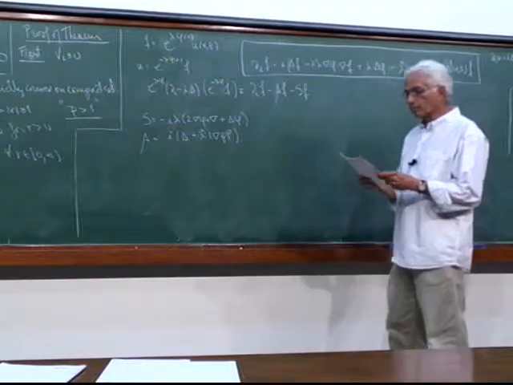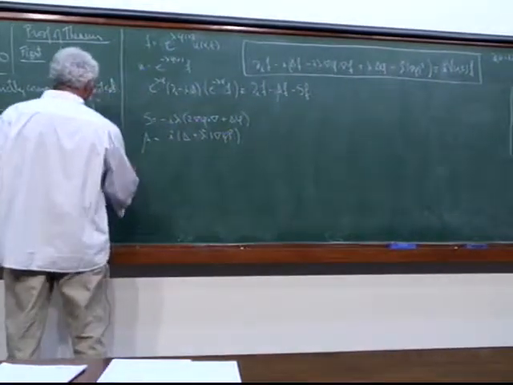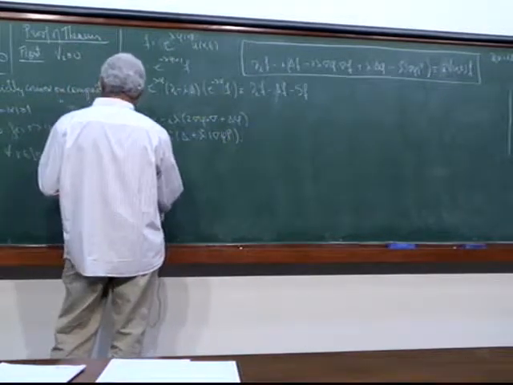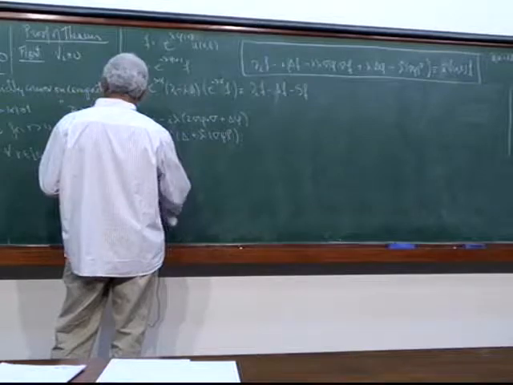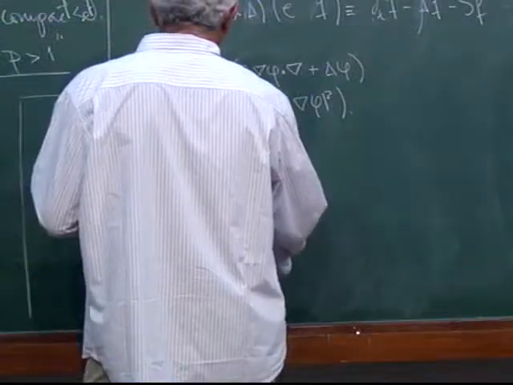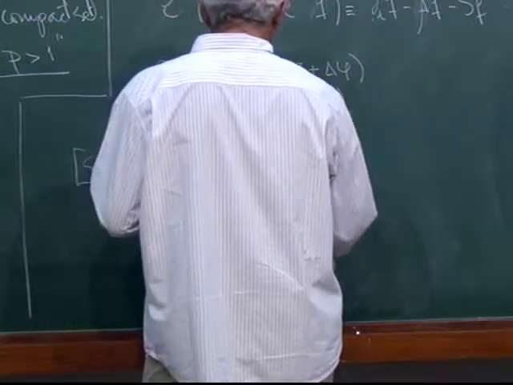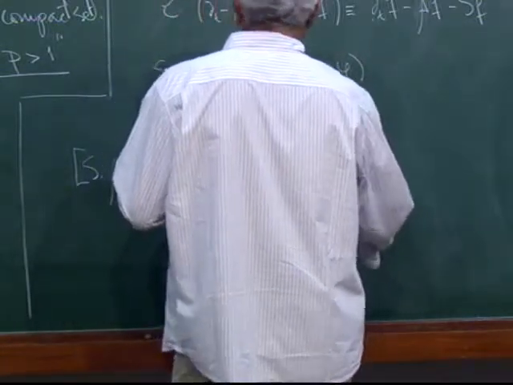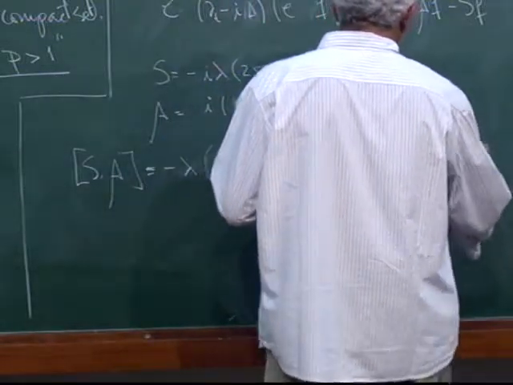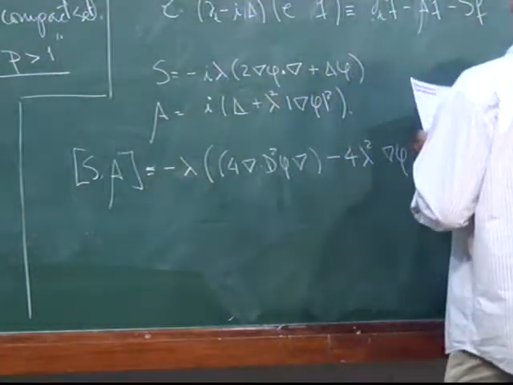What is the commutator of these two quantities? We have done this. The commutator will be equal to this one, minus 4 gradient, second derivatives of phi, gradient, minus 4 lambda square, gradient of phi, second derivatives of phi, gradient of phi, plus the Laplacian of this.